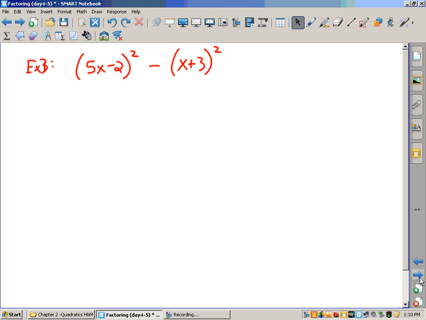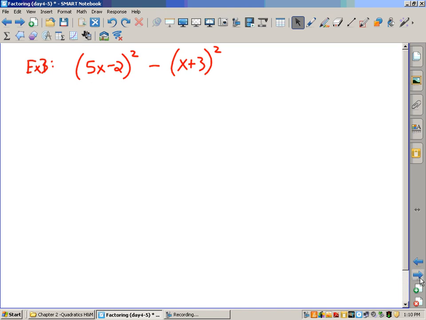And you say, what do I do now? Well, you need to realize that this problem is not solved by foiling this all out, distributing the negative to everything, which I probably forget to do, then combining it all together and then factoring it out. That's not how I would do it. Could you do it that way? Yes. But it's a 10-minute problem versus a 2-minute problem.